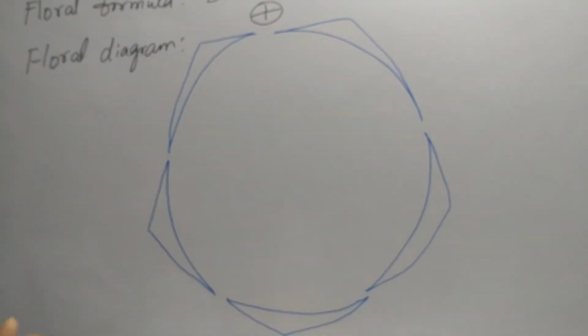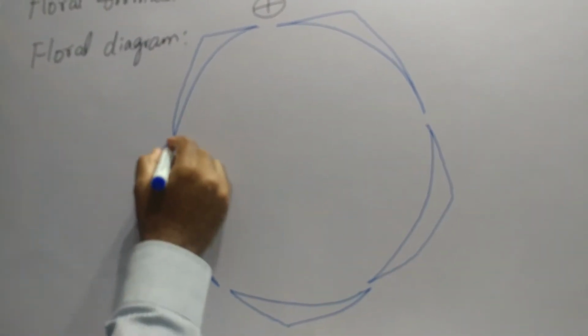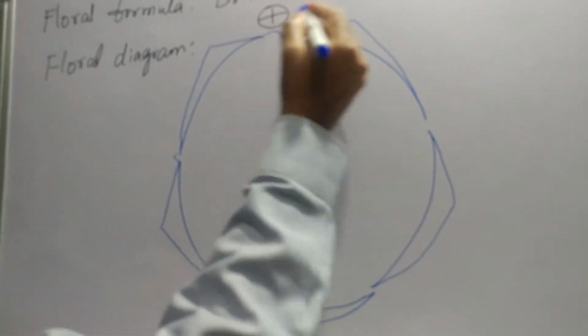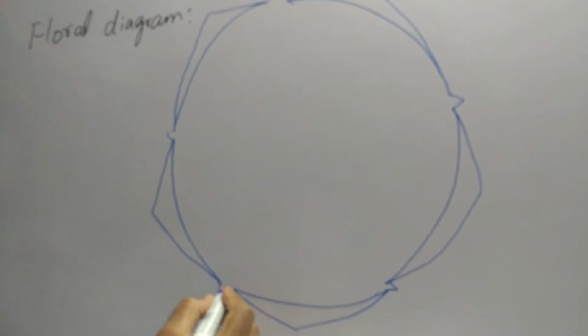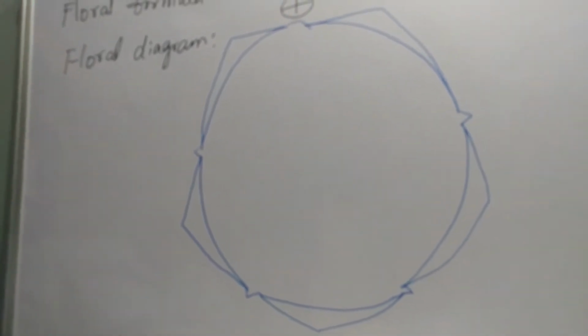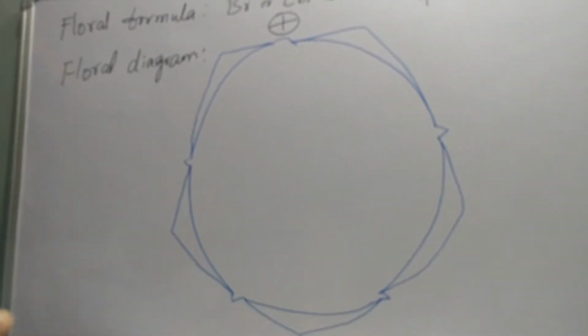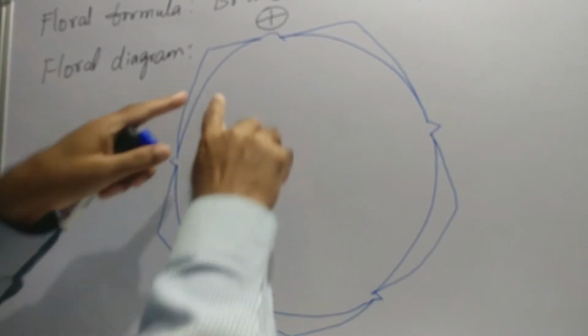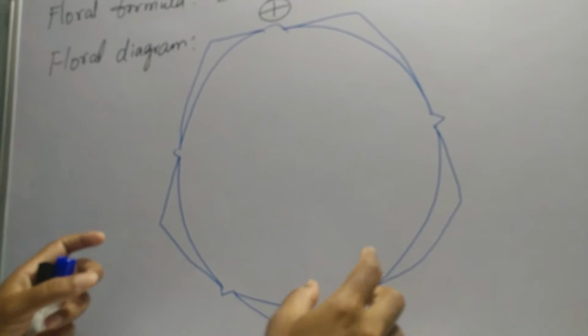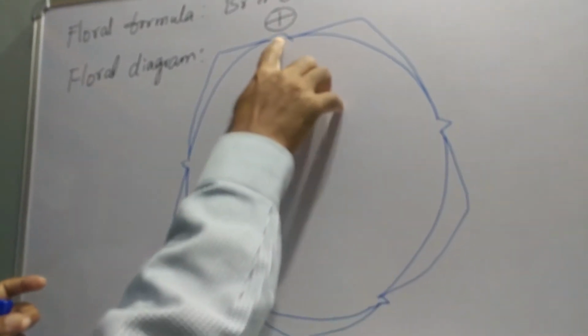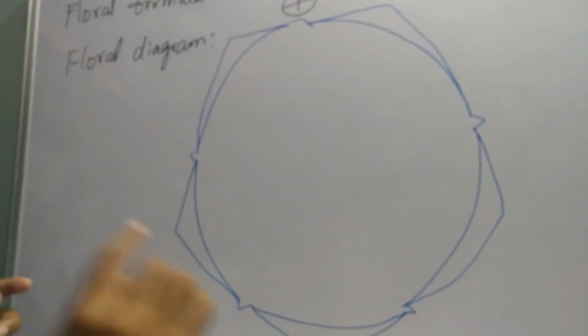These 5 sepals are fused together, so called gamosepalous, with valvate aestivation. They are present closely and attached at their margins, so called valvate aestivation.